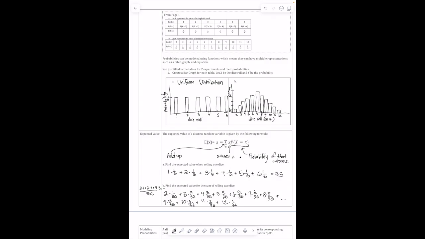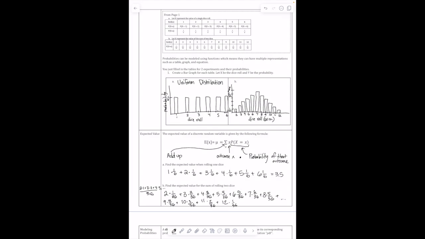Okay, so typing it in. So 2 times 1 plus 3 times 2 plus 4 times 3 plus 5 times 4 plus 6 times 5 plus 7 times 6 plus 8 times 5 plus 9 times 4 plus 10 times 3 plus 11 times 2 plus 12 times 1, and then that divided by 36.